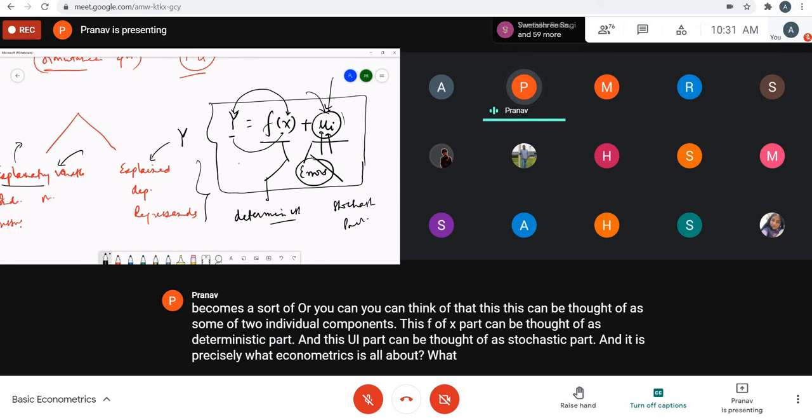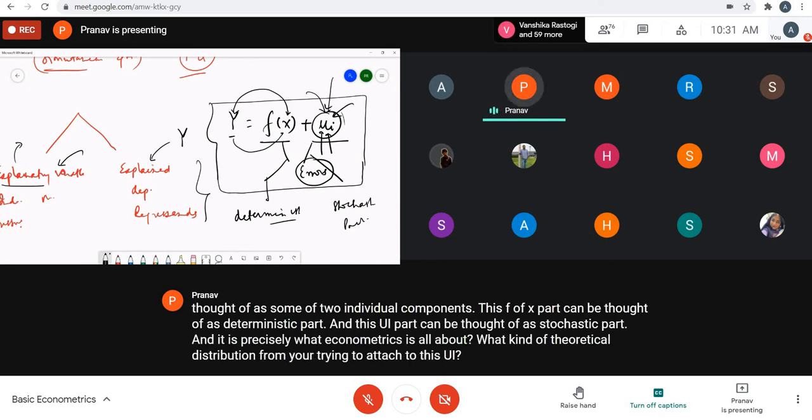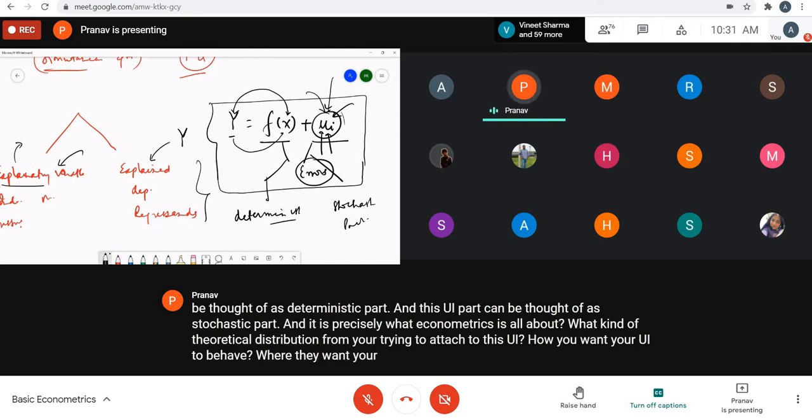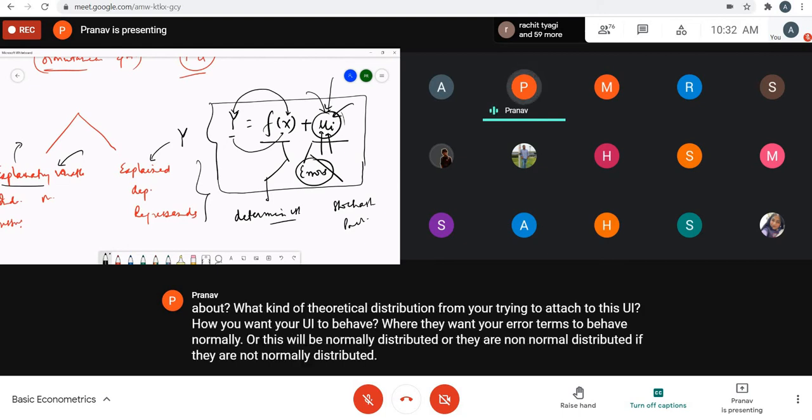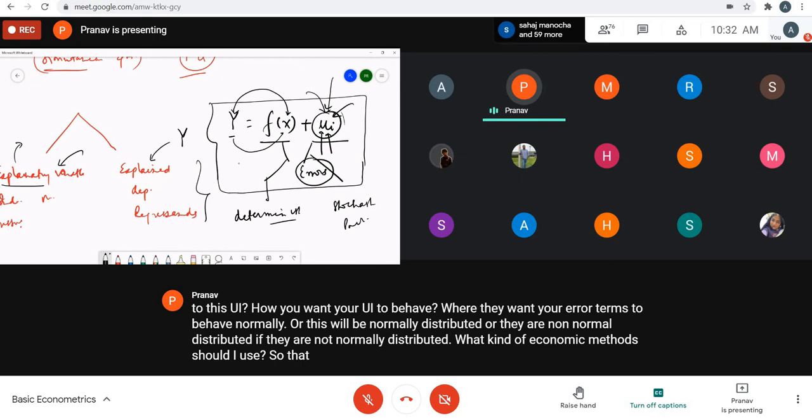What kind of theoretical distribution form are you trying to attach to this ui? How do you want your ui to behave? Whether you want your error terms to be normally distributed, or they are non-normally distributed. If they are non-normally distributed, what kind of econometric methods should I use so that I can have an estimate of the relationship between y and x?